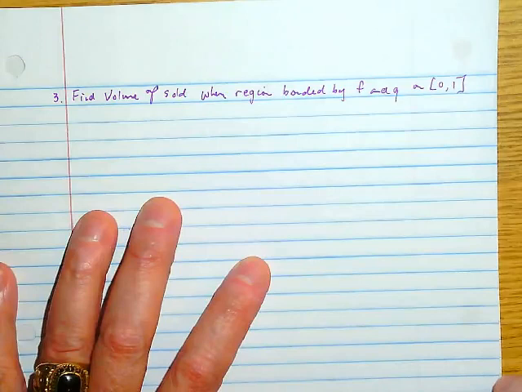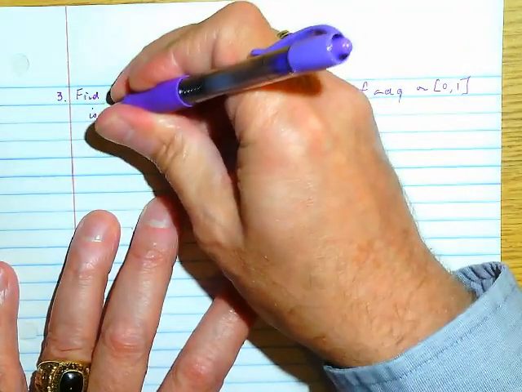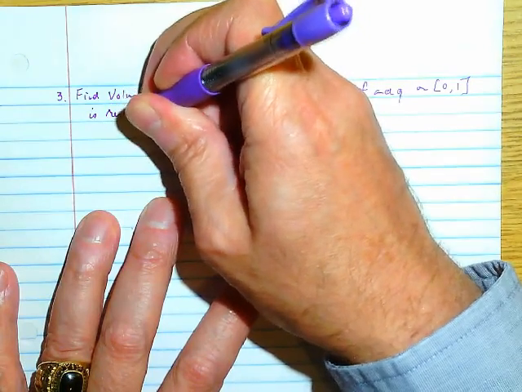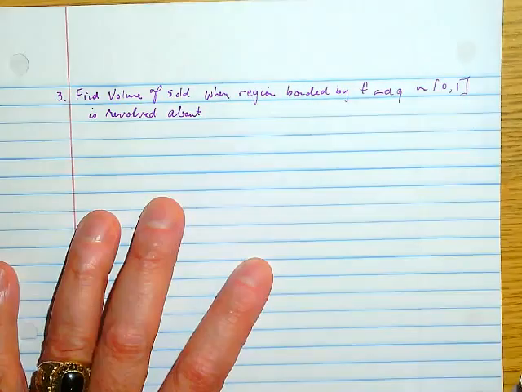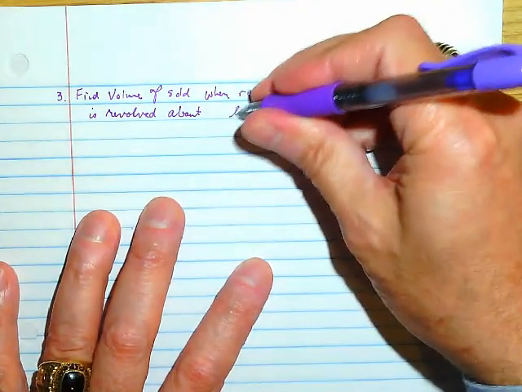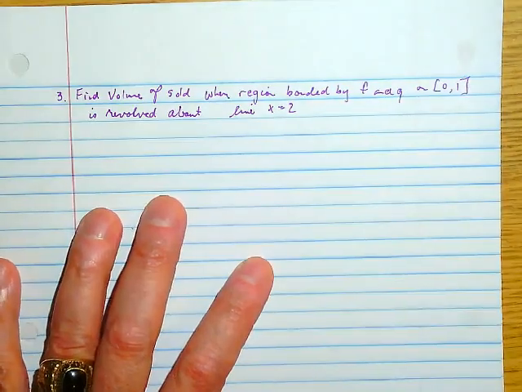So I've got that same region, okay? Let's see what's revolved around. It is revolved about the line x equals 2. All right, so now we're finding the volume.